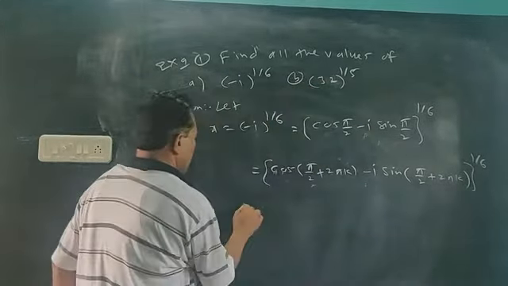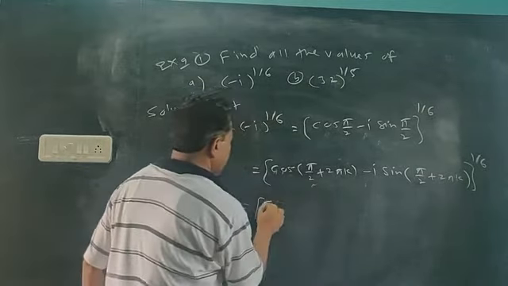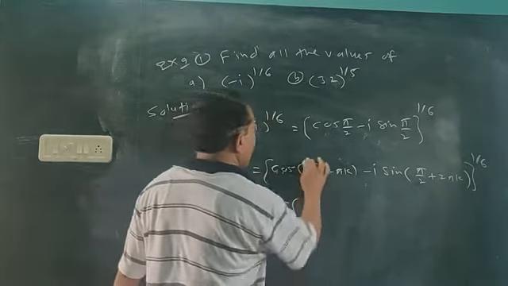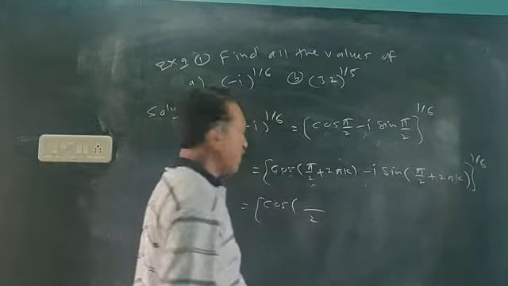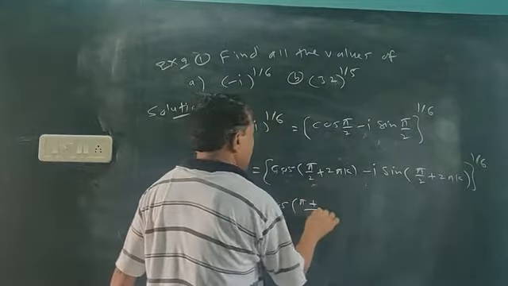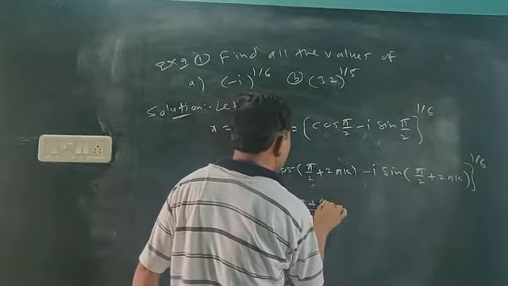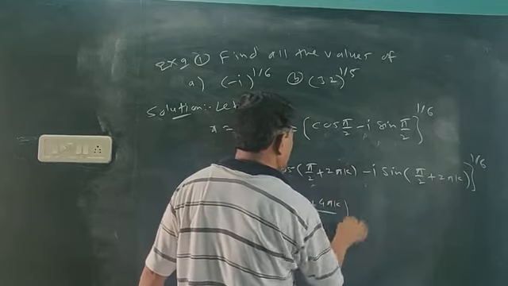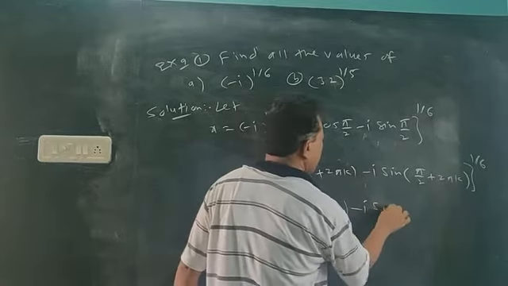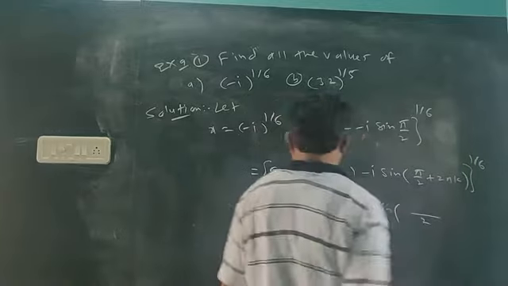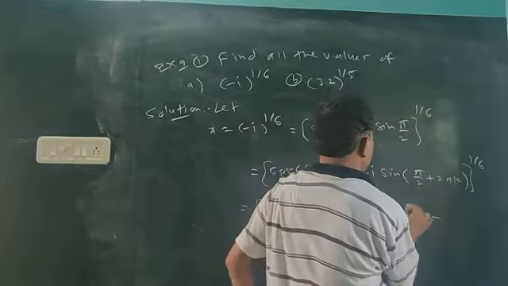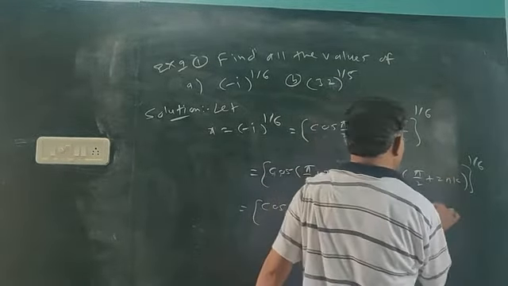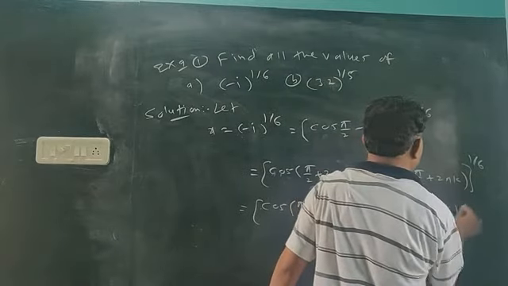One more step: apply De Moivre's theorem. Pi by 2 plus 2 pi k, with 2 as the LCM, gives pi plus 2 into 2 pi k, that is 4 pi k, and likewise for minus i sin.